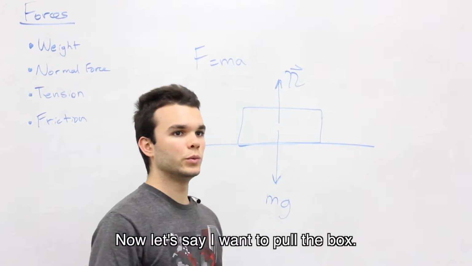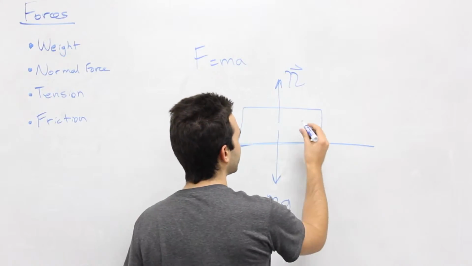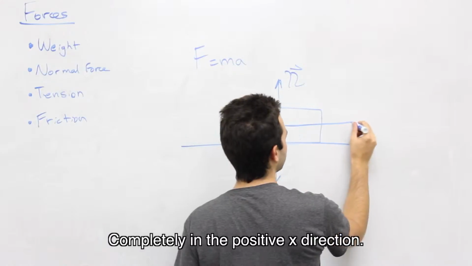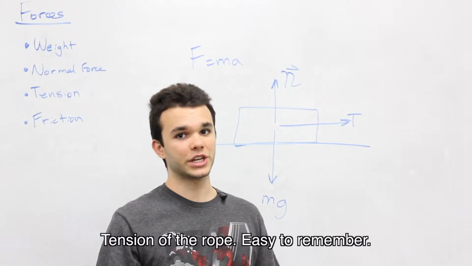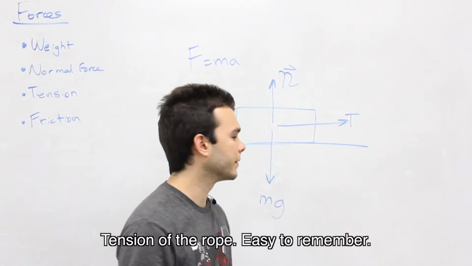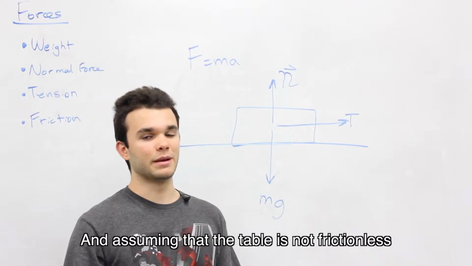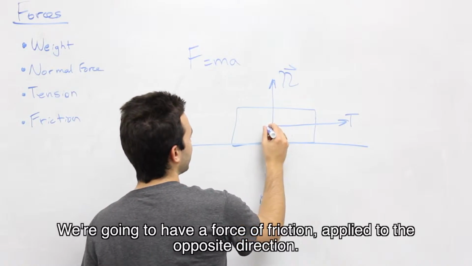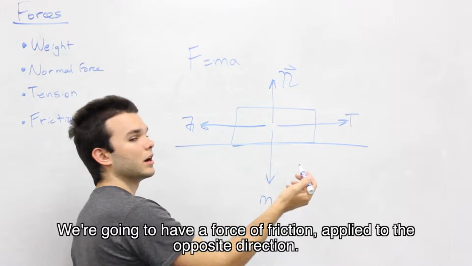Now let's say I want to pull the box completely in the positive x direction. We'll call that tension. Just tension of the rope. It's easy to remember. And assuming that the table is not frictionless, we're going to have a force of friction applied in the opposite direction.